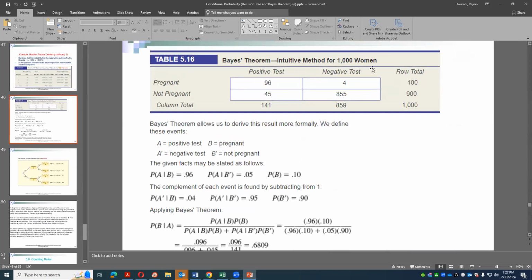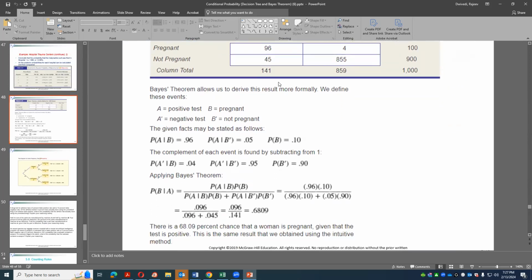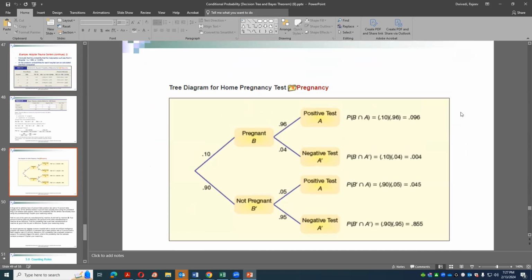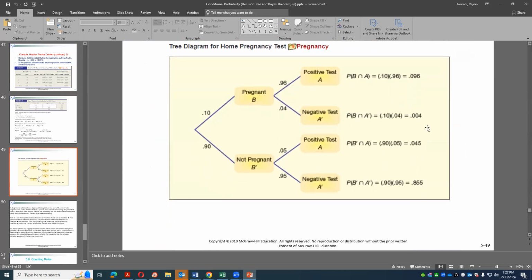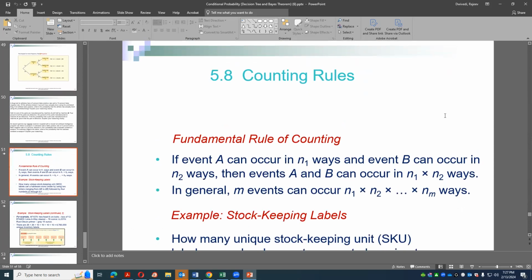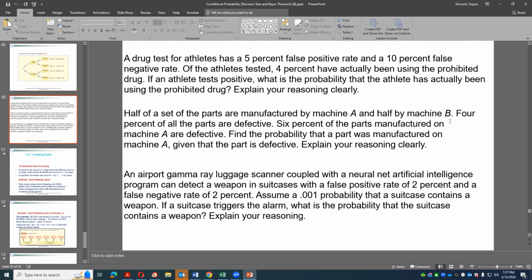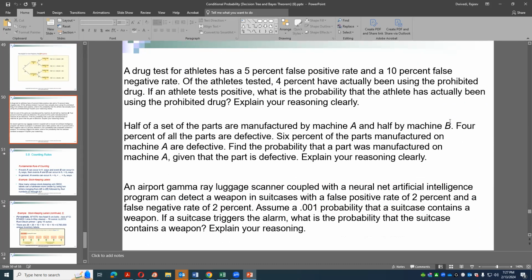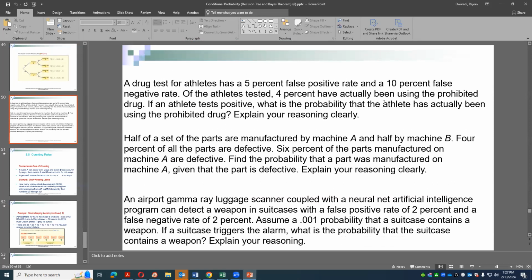So basically you need to create the table, then create the branches this way and come to the conclusion. This is like practice. If you don't understand, first try to solve it, and if you don't get it, share it with me. I will correct it. Okay, thanks. You're welcome.